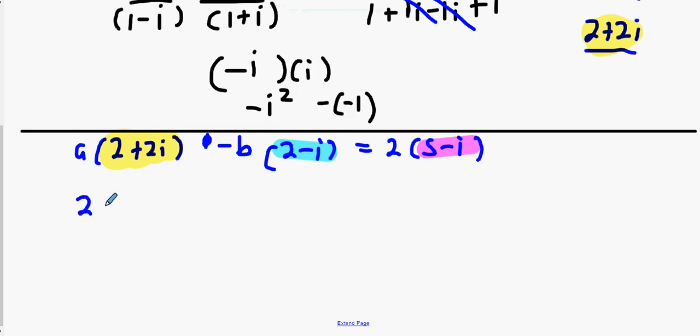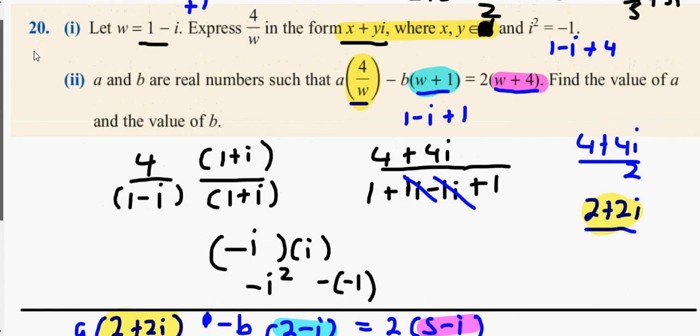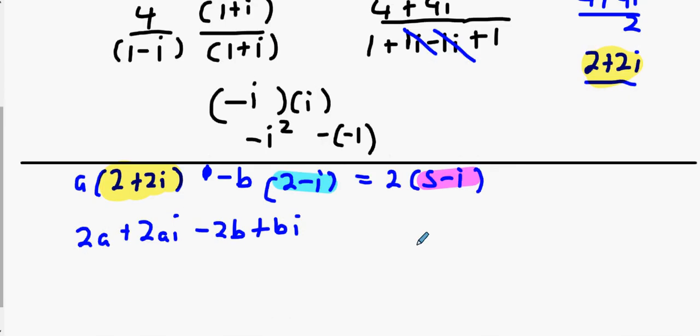Multiply it out, and what do you get? 2a plus, yeah, plus bi. Is it bi or b? Just a b, buddy. So it's not a bi. And then on the other side, 10 minus 2i.